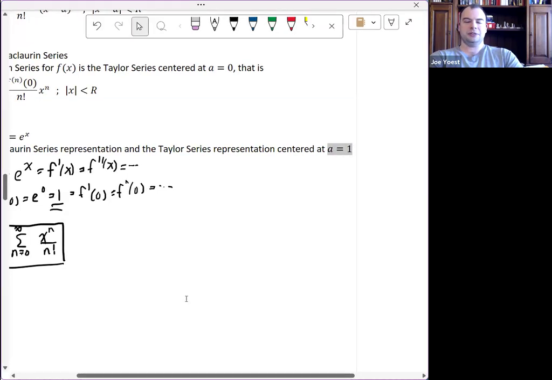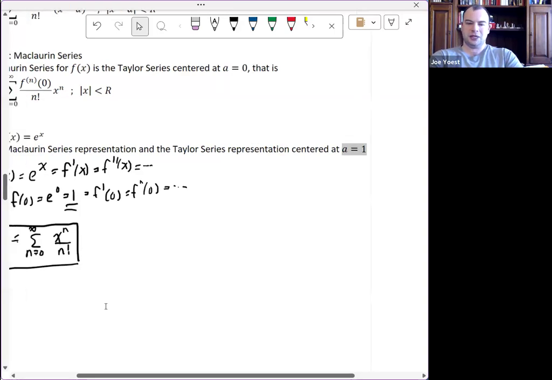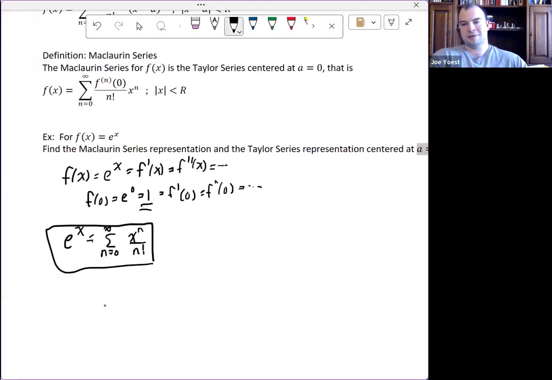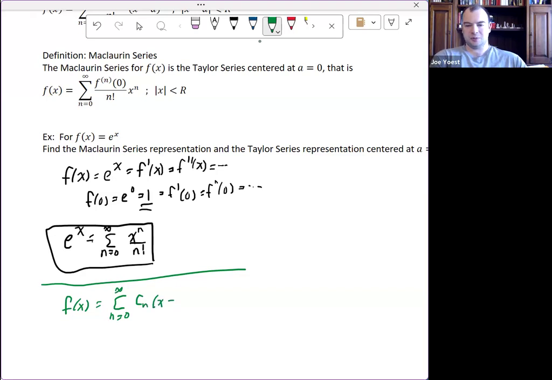What about the Taylor series representation centered at, say, a equals 1? Well, here I'm looking for f of x, the same function, e to the x, but being represented by a slightly different series. The sum from n equals 0 to infinity of Cn times x minus a, or x minus 1, to the n.